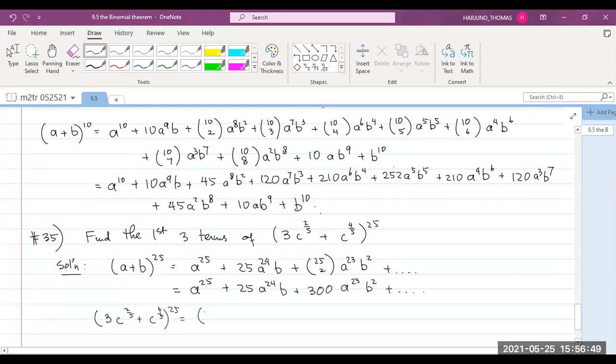That will be 3c to the 2/5 to the power of 25 plus 25 times 3c to the 2/5 to the 24th times b, which is c to the 4/5, plus 300 times 3c to the 2/5 to the 23rd times c to the 4/5 squared.